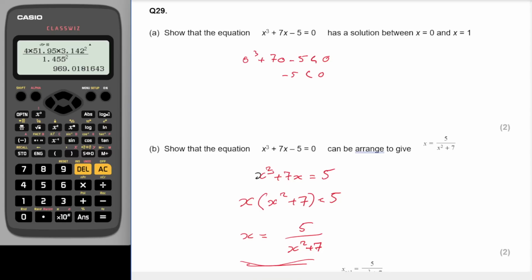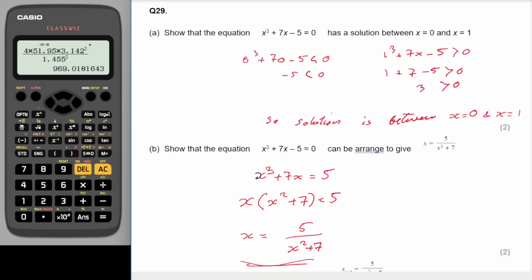And then when x is 1, 1 cubed plus 7x minus 5 is going to become 1 plus 7 minus 5, so that's going to be 3, which is greater than 0. So the solution is between x is 0 and x is equal to 1.